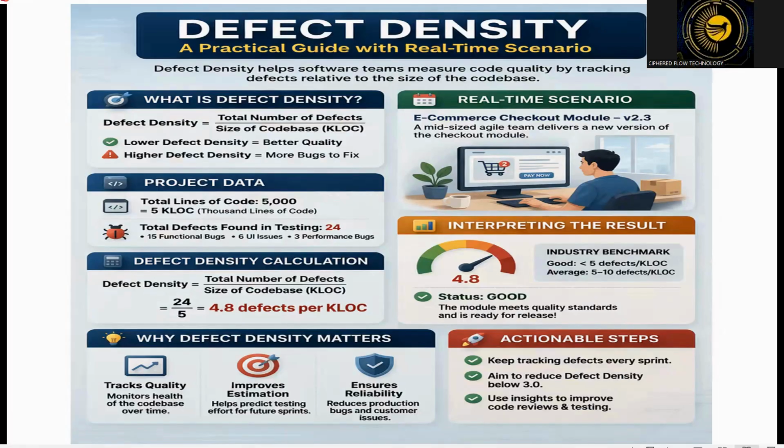The next one is defect density. This is very important in terms of measuring the quality of the deliverables. The formula is very simple: the total number of defects per size of code base. So let's say a module has 10 defects in 1000 lines of code, the defect density would be 10 divided by 1000.